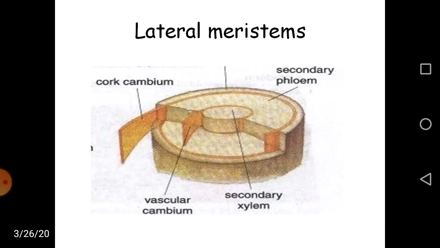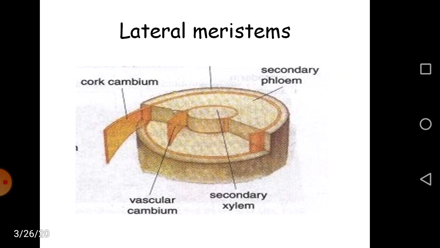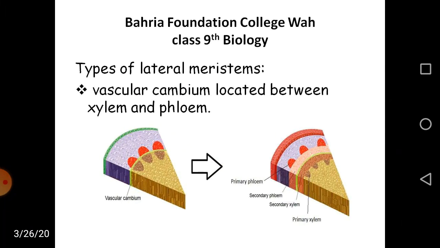In this diagram you can also see lateral meristem. Cork cambium and vascular cambium are the two types of lateral meristem. Now see its types. First is vascular cambium. In the diagram you can see that vascular cambium is shown by a green or yellowish line, and the red portion is phloem and the lower brown portion is xylem.